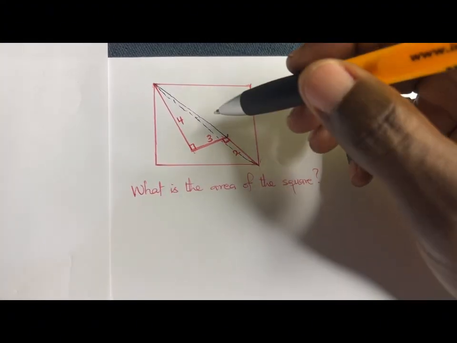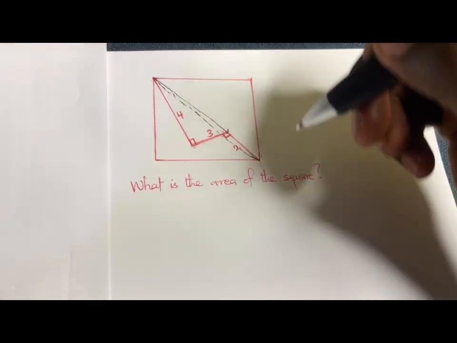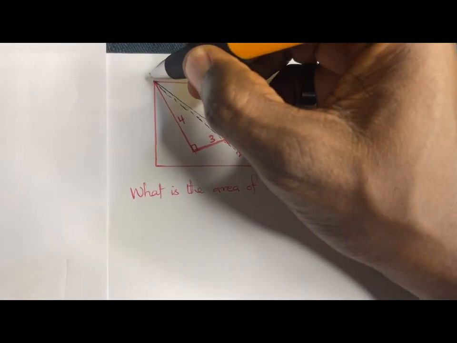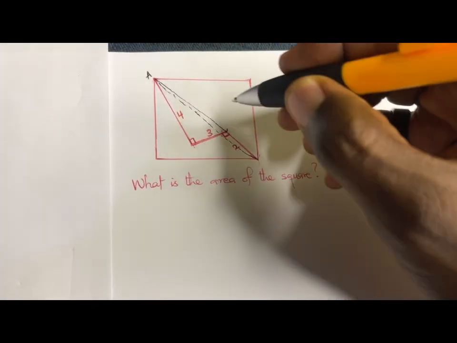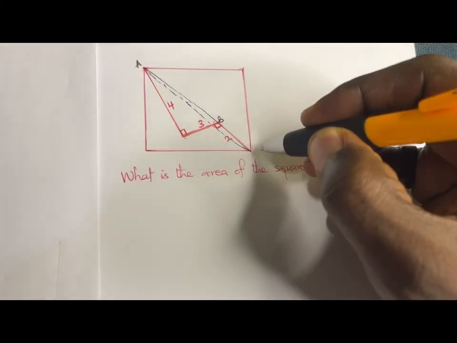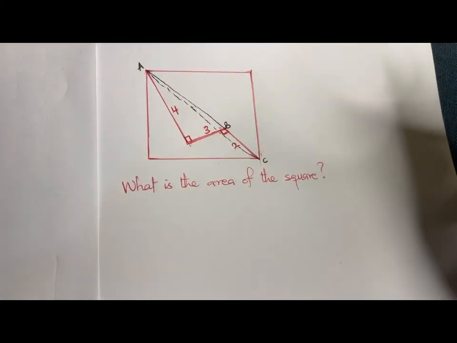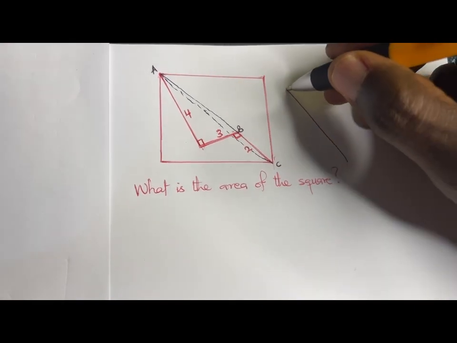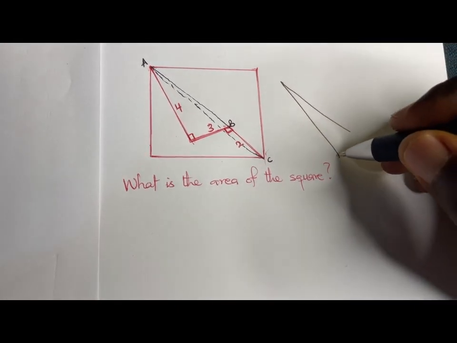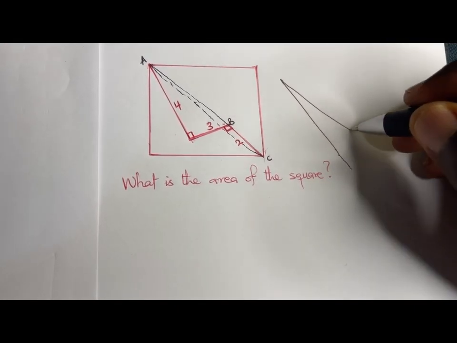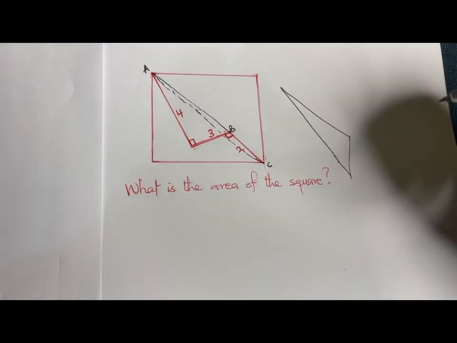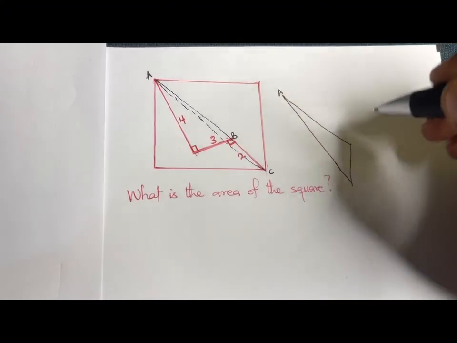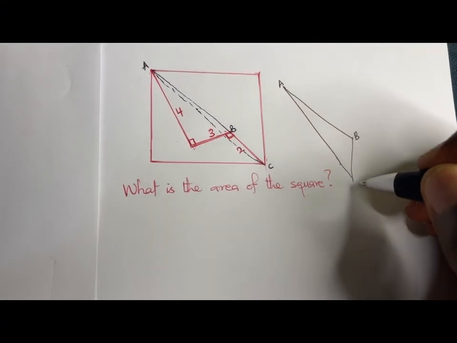Good. So we end up getting a triangle from here. So let's name this A, and I name here B and C. So in short, we'll have a triangle of this sort. Understand? So we have A, B, and C.